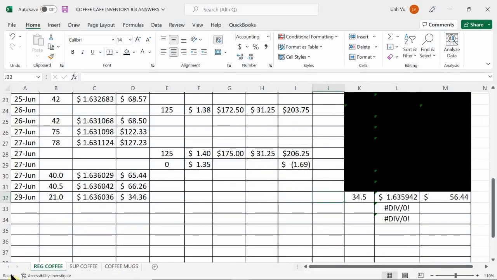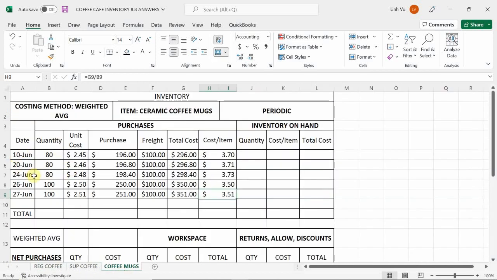So, coffee mugs for the first batch of inventory, we purchased it for $2.45 each. So the grand total amount that you actually purchased was $196, right? The freight was $100 to make it $296. So the only thing that you can discount is just the actual purchase price of the $196.